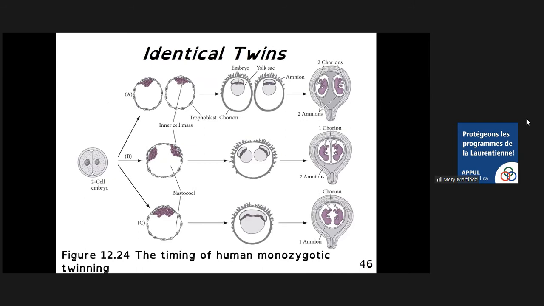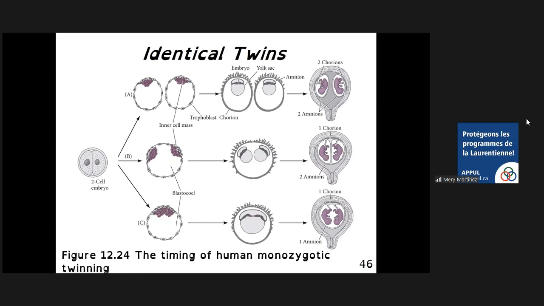Now, in identical twins, we can have some variation based on the timing of the formation. And this is what we have here on the screen. These are monozygotic twins, which are normally about 30% of the twin cases.